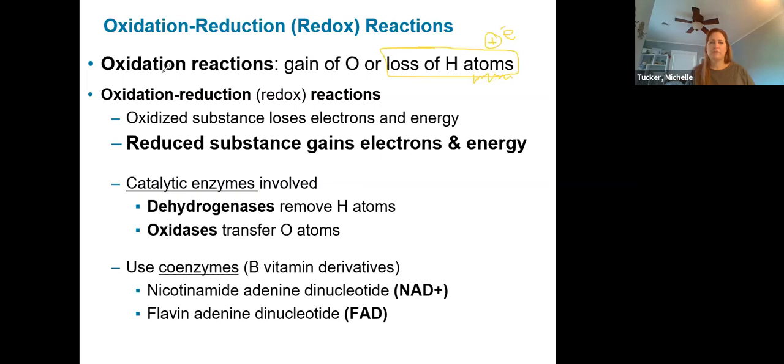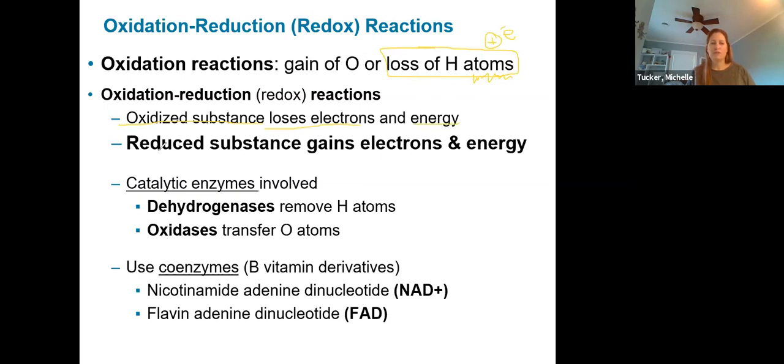When we talk about redox reactions, we're going to be focusing on hydrogen, not on oxygen. This has to do with electronegativity, so we're just not going to go there. Our reactions involve hydrogen atoms. The oxidized substance loses hydrogen atoms because it's losing the electron that is part of that hydrogen atom, and it's losing energy.